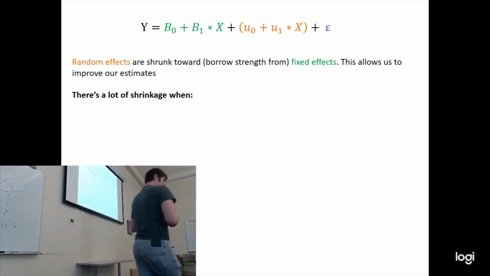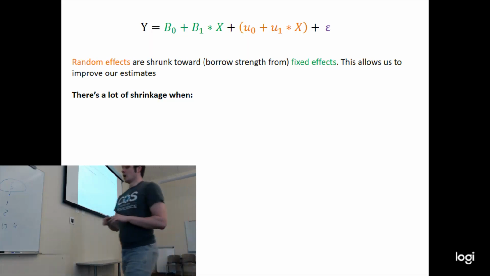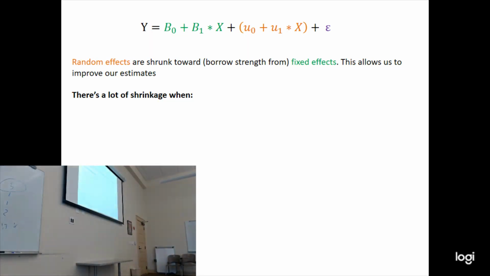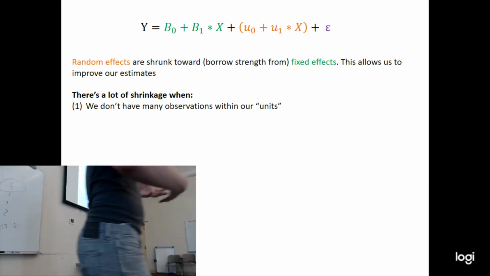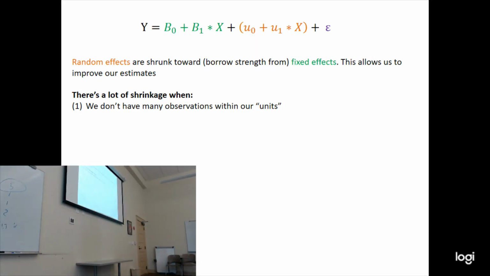There are a couple of things that will make this shrinkage of estimates towards the fixed effects larger or smaller. There tends to be more of that shrinkage when we don't have a lot of information about each unit, so we have 4 observations instead of 20 per unit.